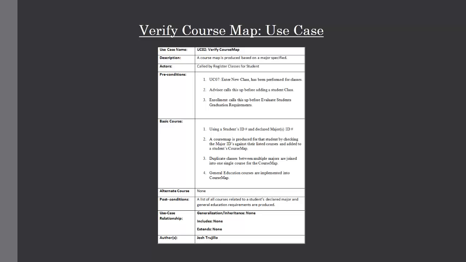They are also advised to meet all of their general education requirements. Then the student can continue with adding a class and specifying the classes he wishes to take at this time. The post conditions for this use case include that the student has been able to add his courses.